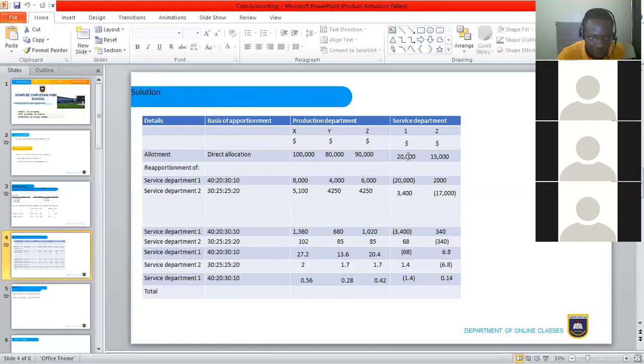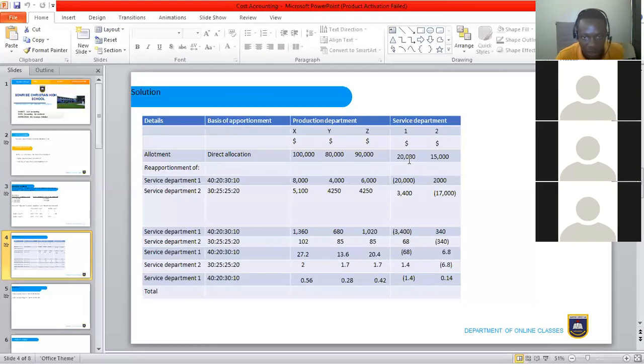The 20,000 is from service department one, which is what we are supposed to reapportion. Do that and then give me the answer.